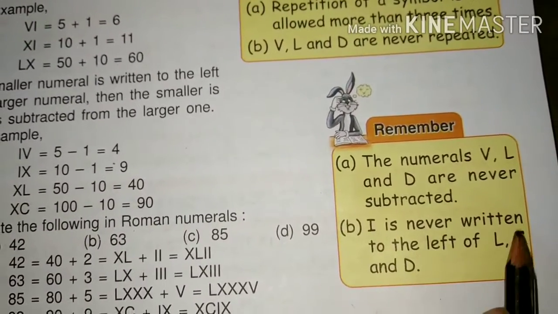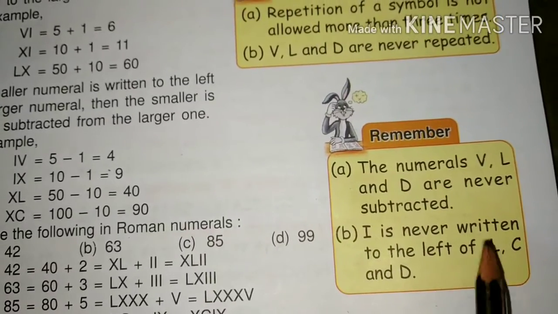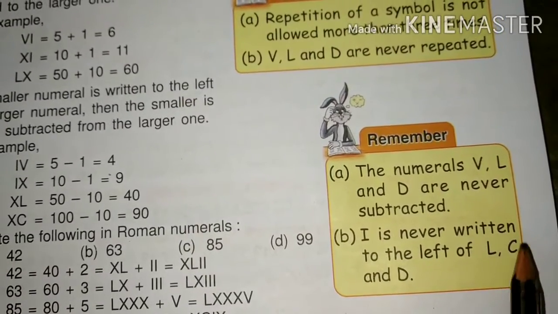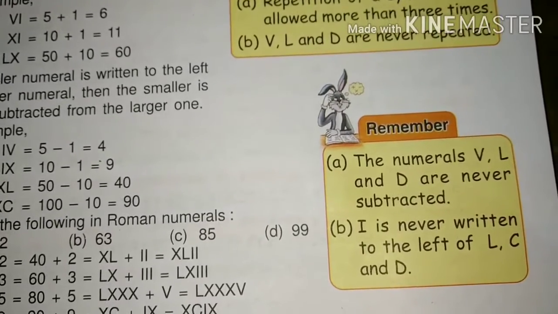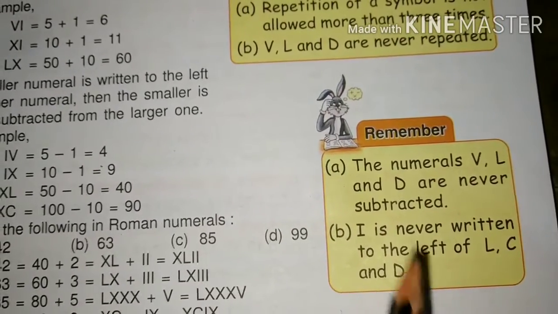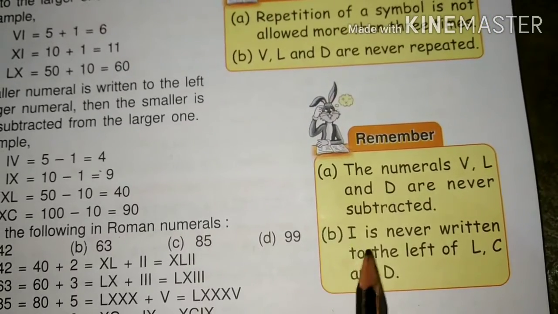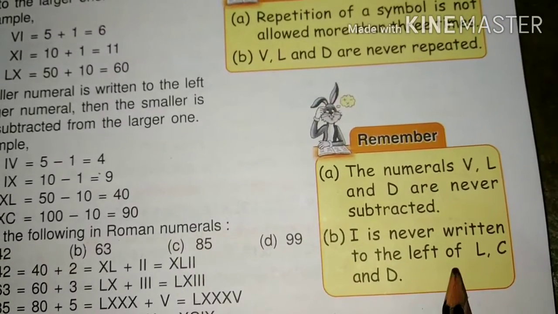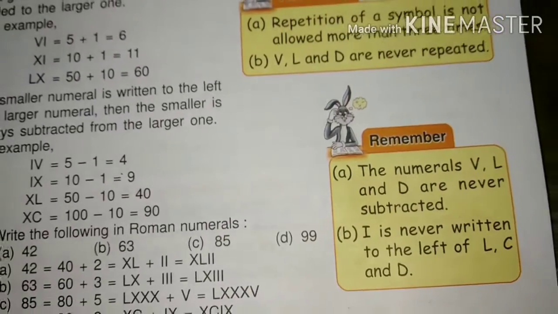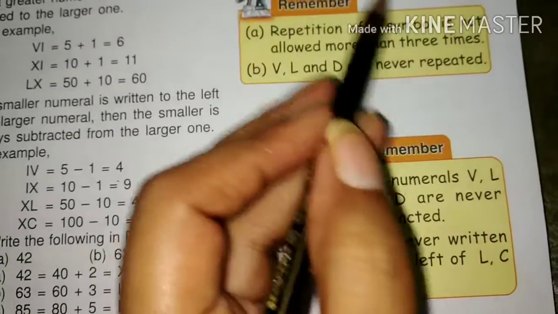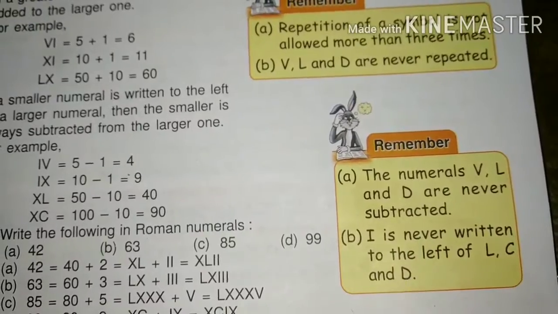I is never written to the left of L, C and D. We are not writing I to the left side of the L, C and D. So students, these are the things which you have to remember.